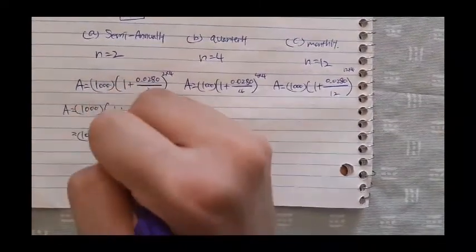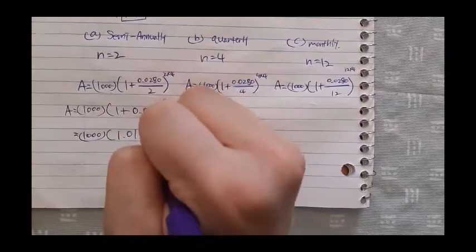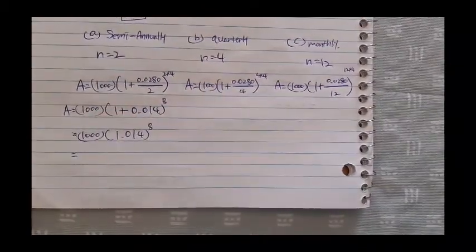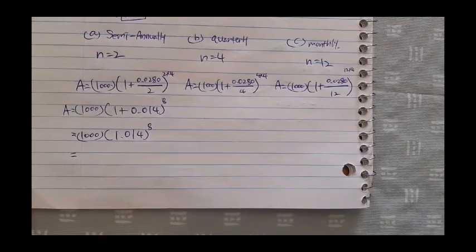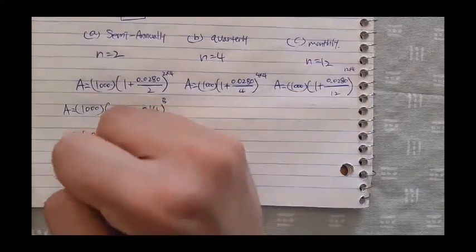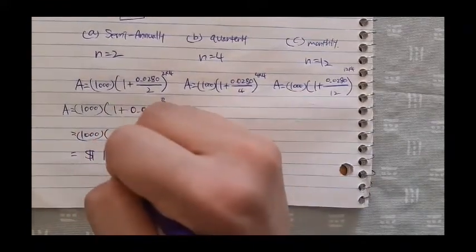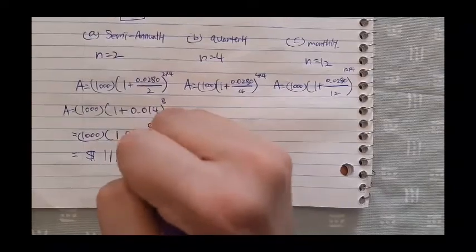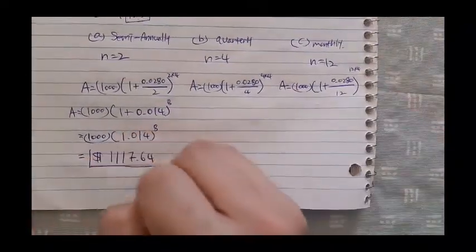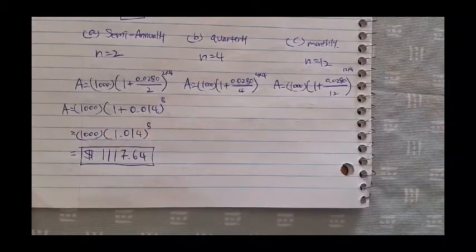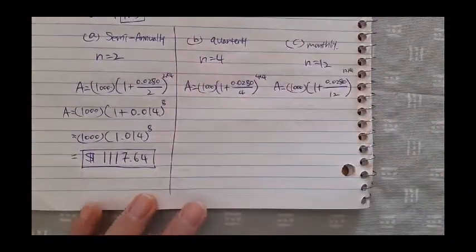So 1,000 times 1.014 to the power of 8. 1.014 to the power of 8 is equal to that number, multiplied by 1,000 gives me 1,117.64 as my total value after the deposit.